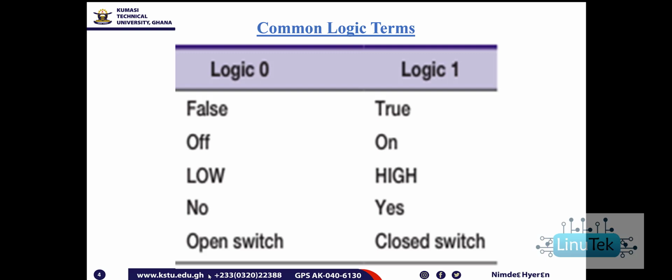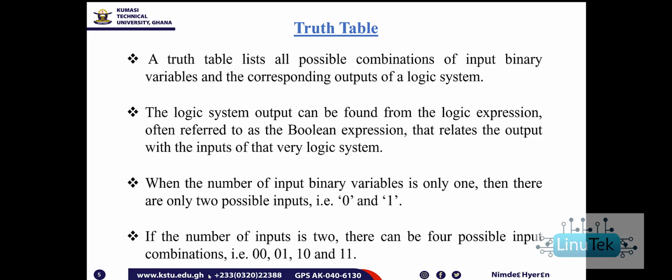That also means off, low, no, or an open switch. Then for logic 1, corresponding to the logic 0, logic 1 is true, on, high, yes, and then closed switch.